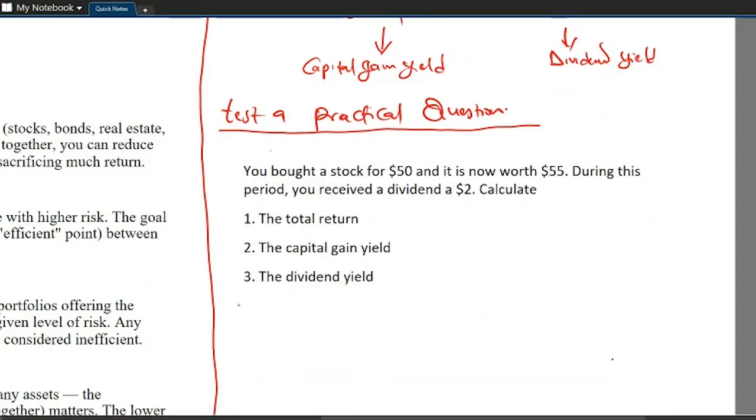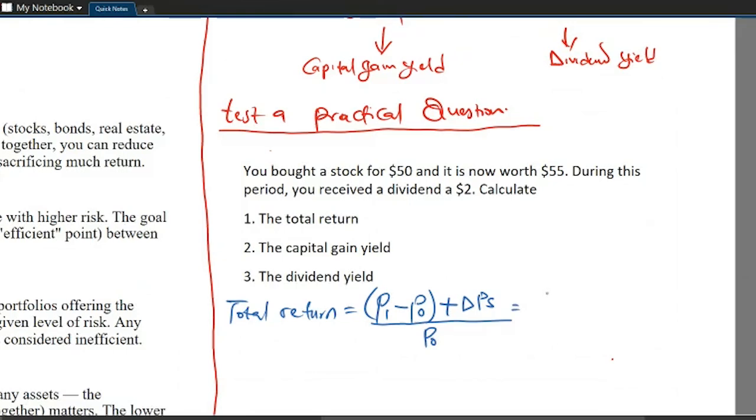In order to calculate the total return, the formula is simply the price of year 1 minus price of year 0, plus dividend per share, everything over price of year 0.